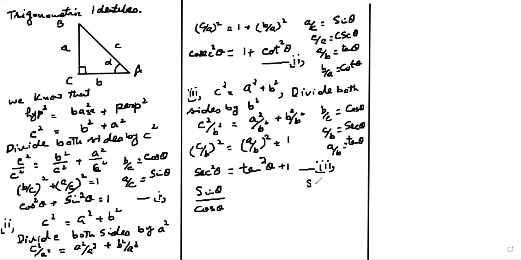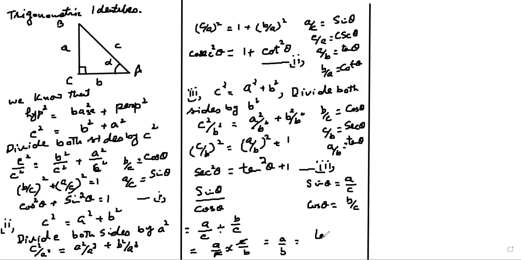We know sine theta equals A over C, and cosine theta equals B over C. So sine theta over cosine theta will be A over C divided by B over C, equals A over C multiplied by C over B. C got cancelled with C, which equals A over B, which equals tangent theta.